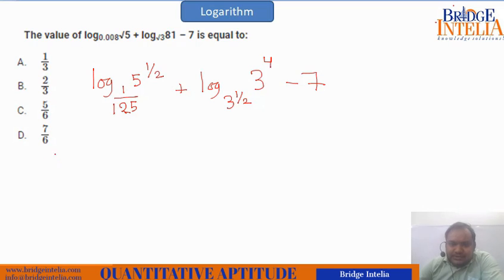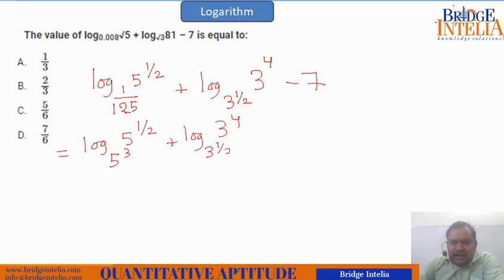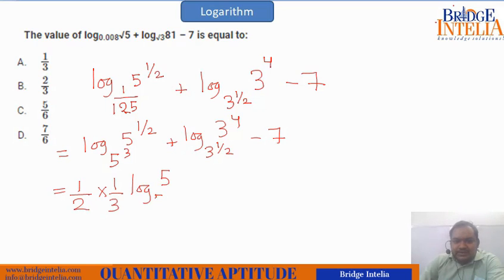So this is actually equal to log of 5 to the power half, 5 cube, plus log of 3 to the power 4, base is 3 to the power half, minus 7. So this half can come out and get multiplied as it is. This 3 will come out and become the reciprocal, 1 by 3 log 5, base is also 5, plus this 4 will come out and get multiplied.